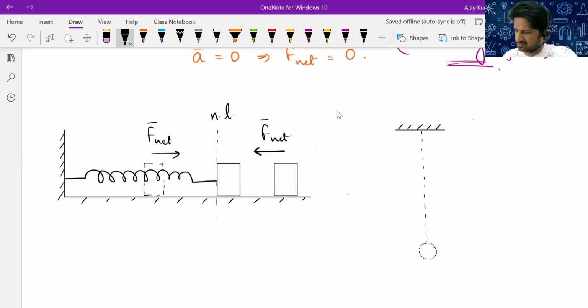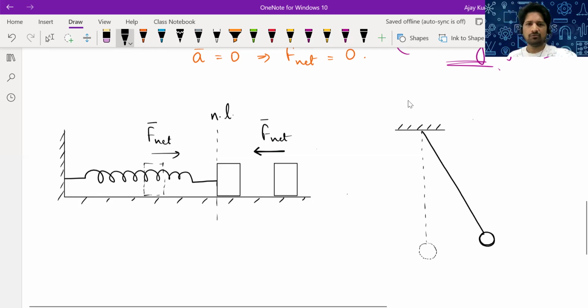It's a simple question. What force brings the block back to its mean position in that spring block system?